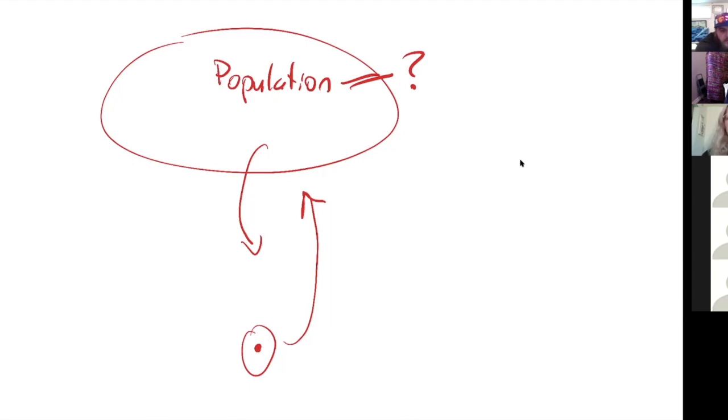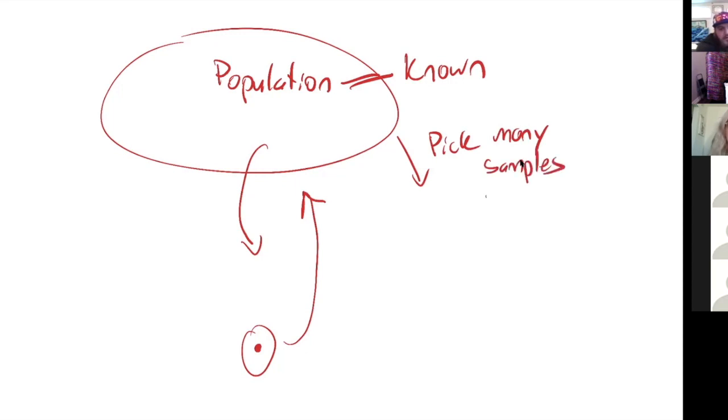And we've seen how we can do this already with hypothesis tests, where we set up a permutation distribution to assess the population. But what I want to talk about today is kind of the opposite. We're going to assume that we know what the population looks like, and then we're going to pick many samples independently from each other, all the same size.